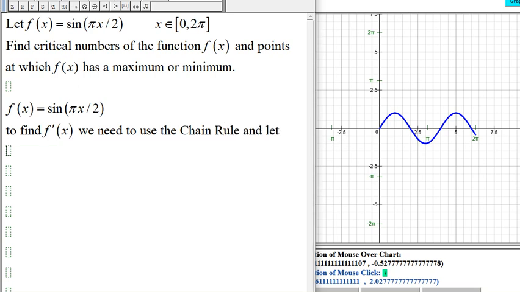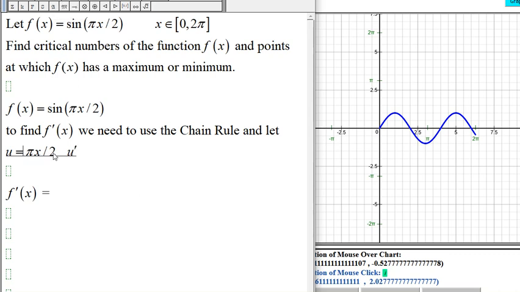And then we need to let u be the pi x over 2. So the derivative using the chain rule, so first just do the regular derivative and then times the derivative of u with respect to x. And so right here, u prime.